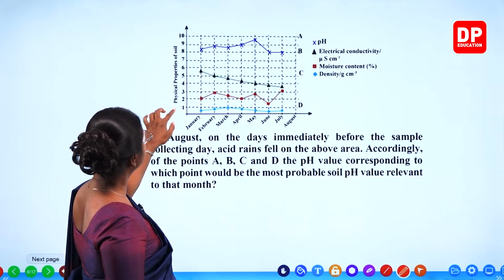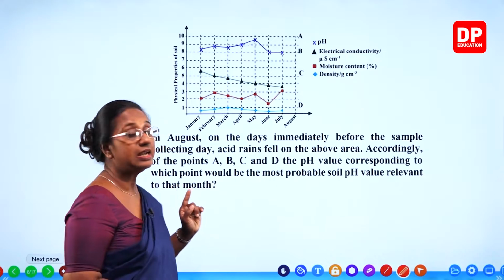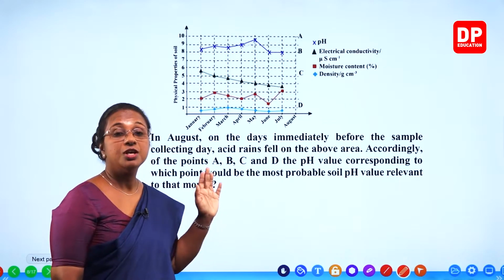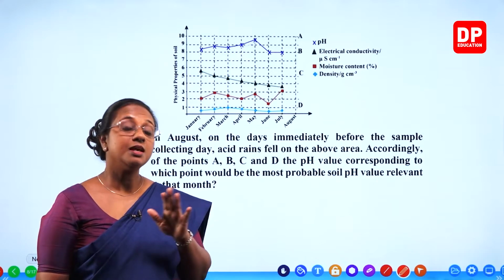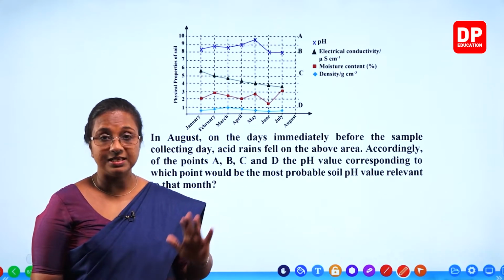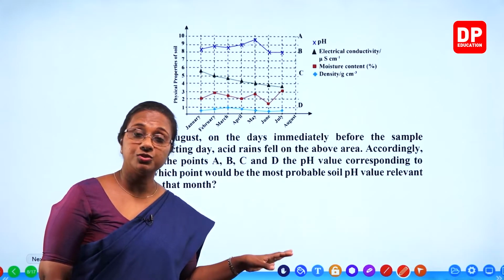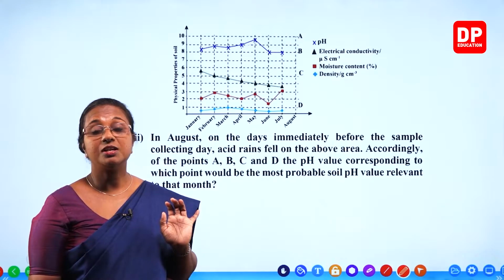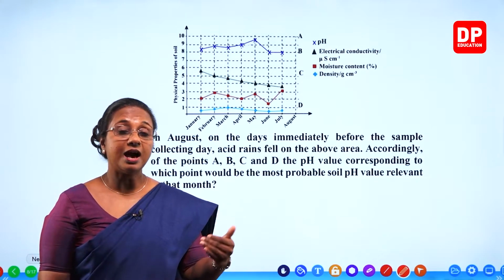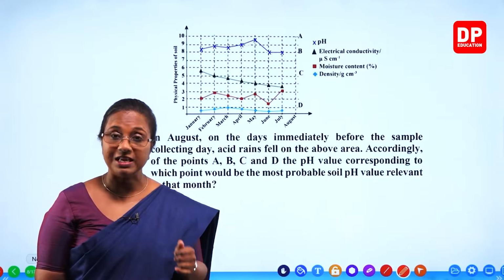Now the physical property, if we start from 1 to 10, you all know pH values. 7 is neutral at 25 degrees Celsius. Below that, 1 to 6 is acidic, and that also, if it is closer to 1, lower value, strong acid. Closer to the neutral region, it is weak acid. Then after the neutral region, it is weak bases.